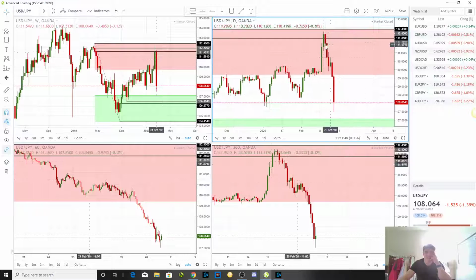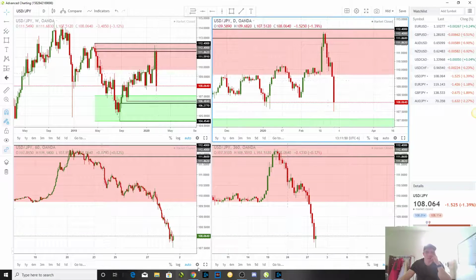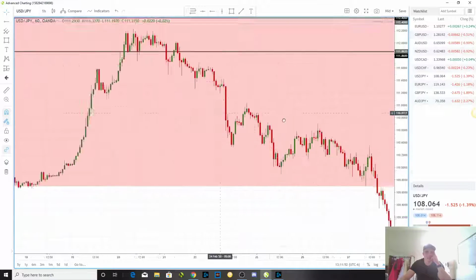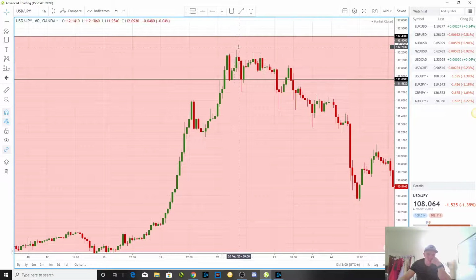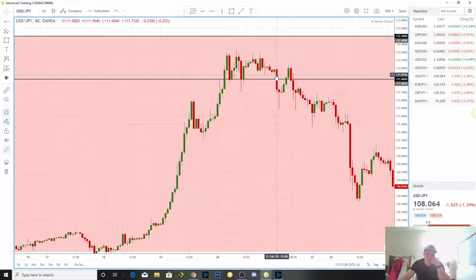Let's get some of these yen trades. Because, yeah, right here, this would have been an example of using the 60. So we came into the demand, we had our low, our swing high, a swing low, but it didn't close below the previous swing low. Swing high, swing low, swing high.